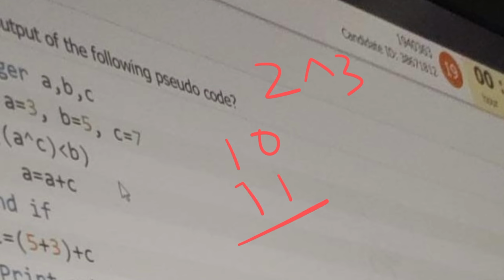So in this case both the statements are true, so this is false. In this case one of the statements is true, so this will be true. Okay, if 10 was 01, the result would be 1, that means true. Okay, if both statements are false, then also false, and if both statements are true, then also false. Okay, so I hope you understood.